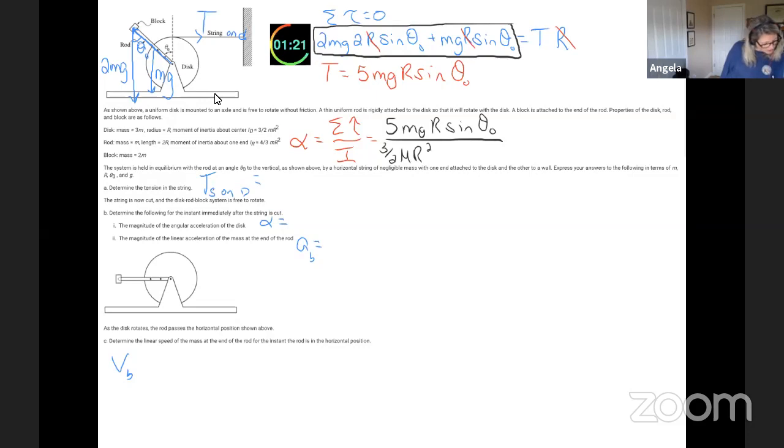They gave us the rotational inertia of the rod, 4/3 mr squared. And then you have to do the rotational inertia of the block. You can treat the block as a point mass. So its rotational inertia would be mr squared, and its mass is 2m. And how far is it from the rotational axis? 2r.